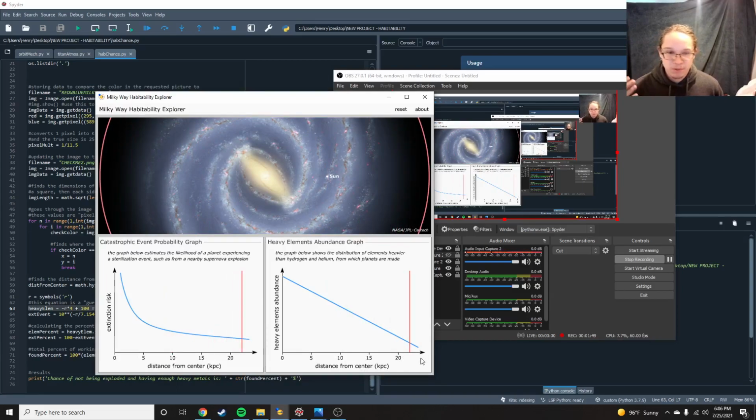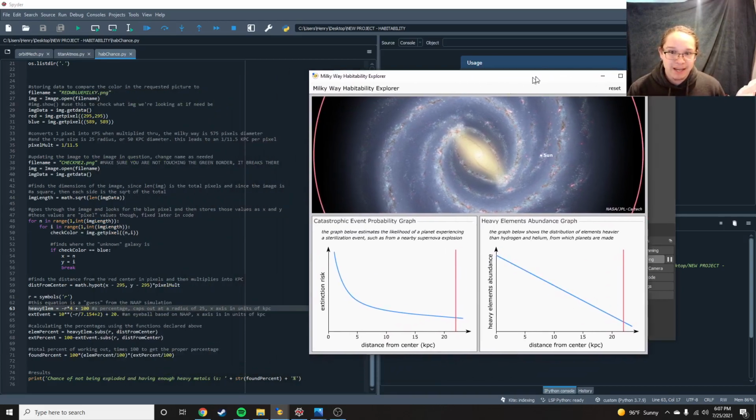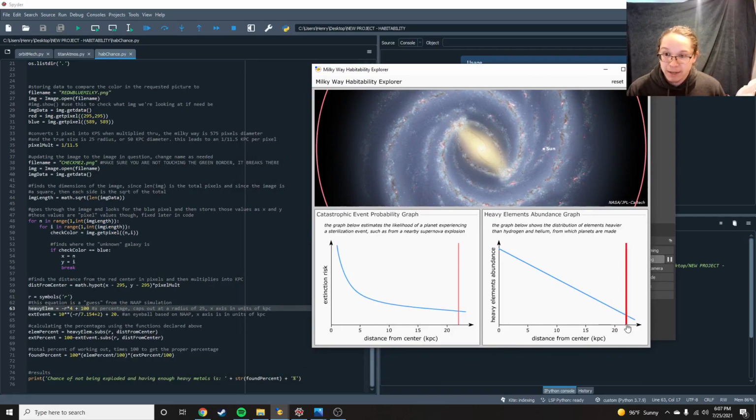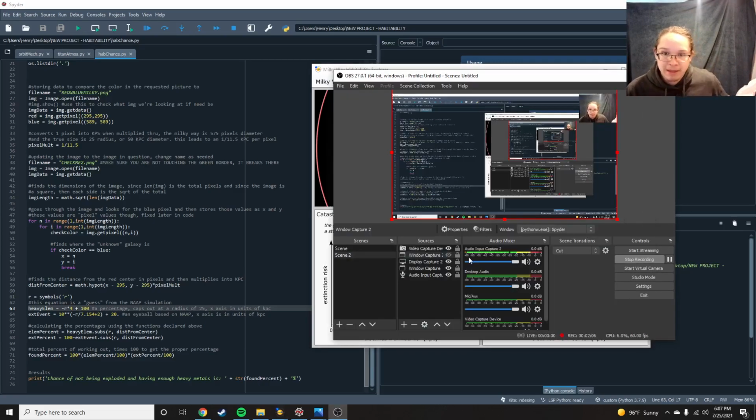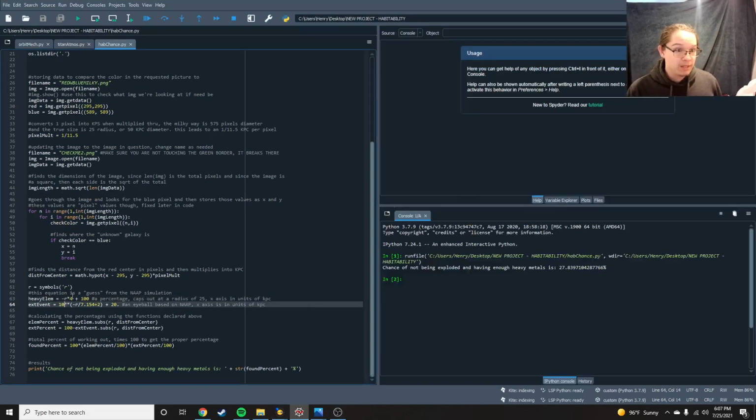I had to smudge the numbers a bit because there weren't any exact numbers here, but I said that it went to 0 at 25, and then it leveled out right around here, and it had a slope, and this is 100% and this is 100%. So I just used those guesses to create a mathematical model, which I described in these equations, where I have an exponential and a linear equation.